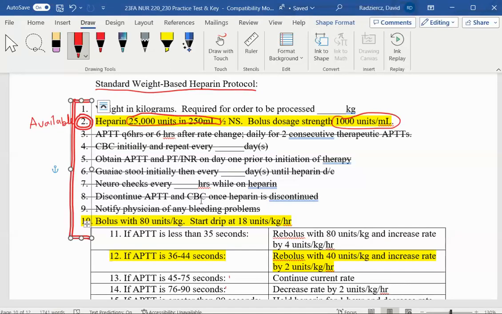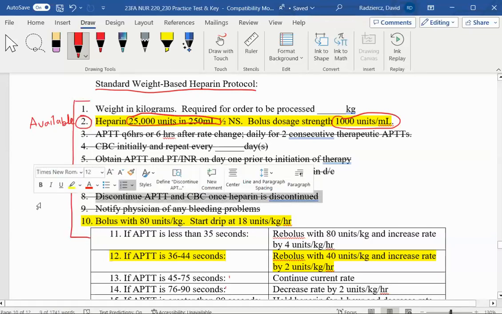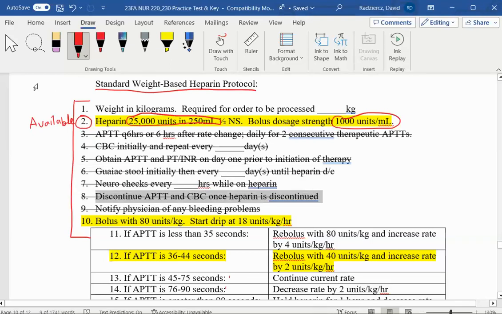Remember, this is a math test. What the department ultimately cares about is can you do the math to answer the questions. I know the answer is yes. So now I'm just going to show you how to navigate this thing that's called the heparin protocol.